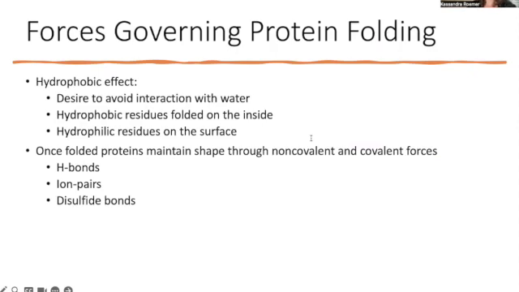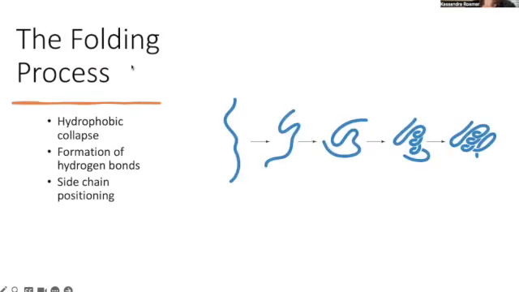Once a protein is folded, it will maintain its stability through H bonds, ion pairs, or disulfide bonds. So summing this up, we have an amino acid chain. Hydrophobic collapse will then cause the initial formation of the secondary and tertiary structure, and hydrogen bonds and side chain positioning will then determine the tertiary structure in space and maintain shape and stability.